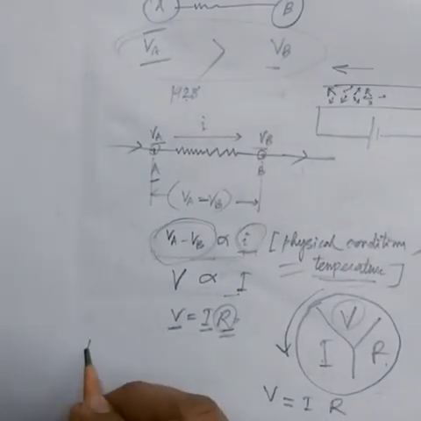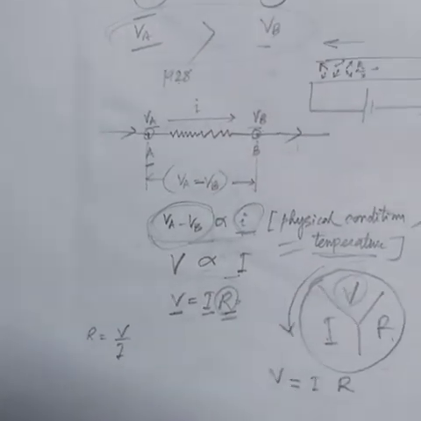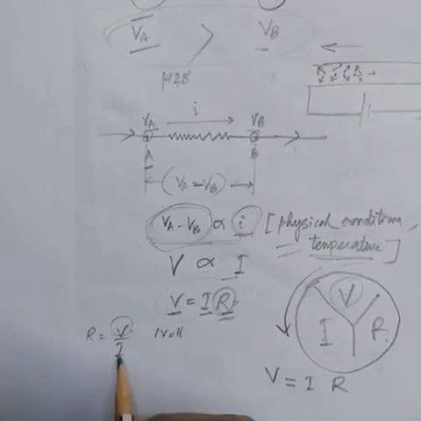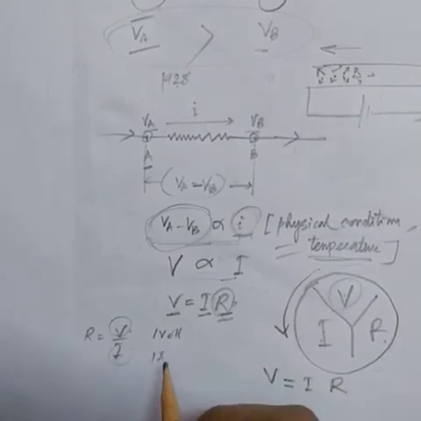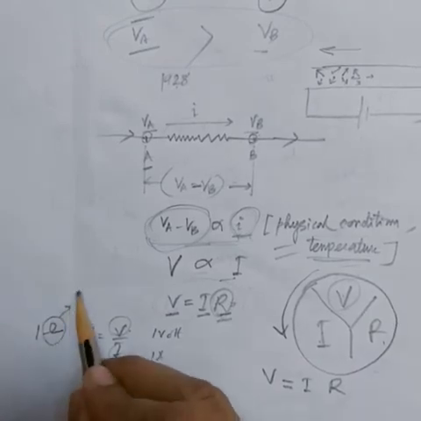Now from here we can define R, that is the resistance. Say the potential difference between the two points is 1 volt and the current that is flowing is 1 ampere, then the resistance will be 1 ohm. This is called ohm, O-H-M.